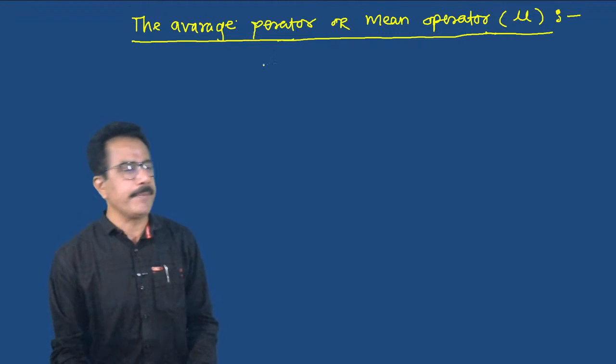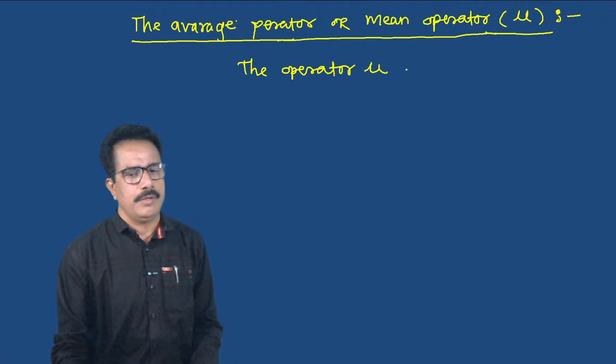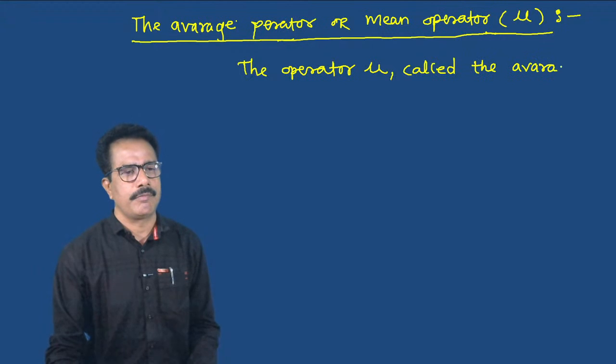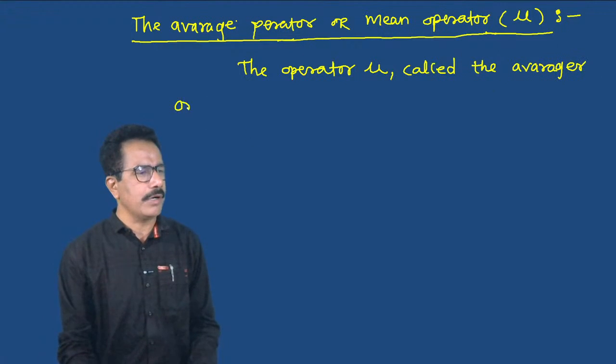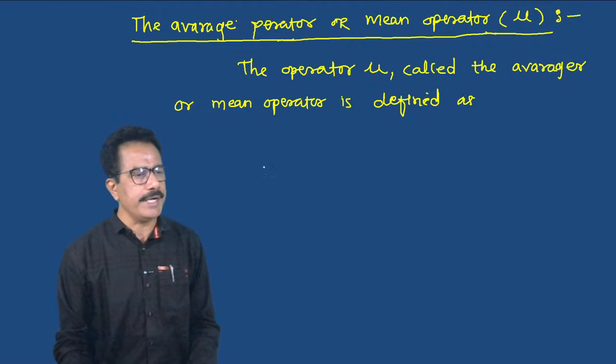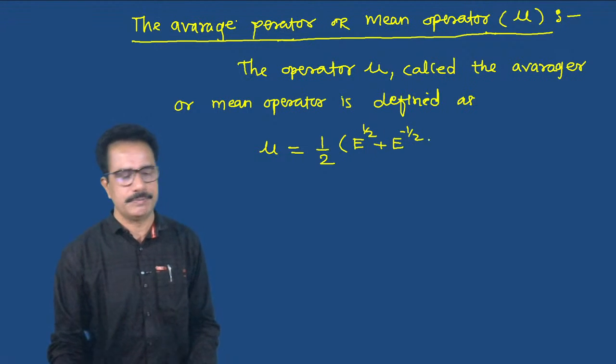See this, the operator mu called the averager, or mean operator, and is defined as mu is equal to the mean of e raised to 1 by 2 plus e raised to minus 1 by 2.